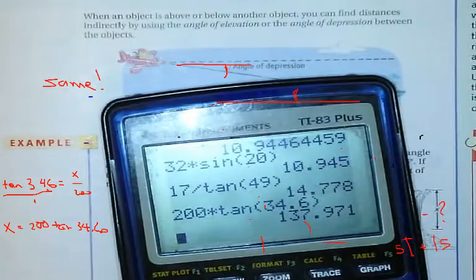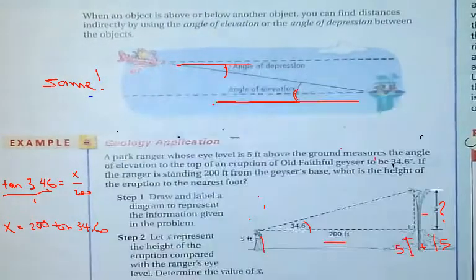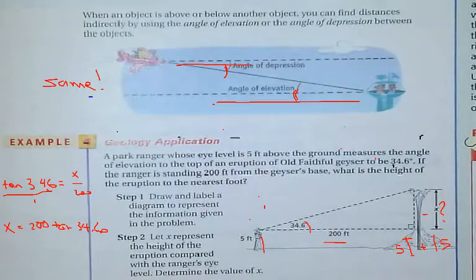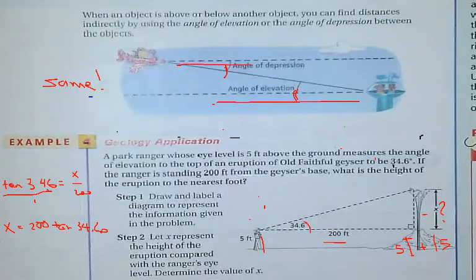Well, if I round it off, that would be 138, right? So this distance right here is 138. But remember, we want to know the total distance, not just to here. So we have to add 5 to that.